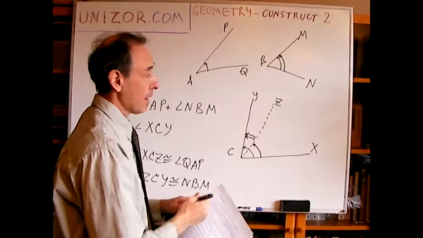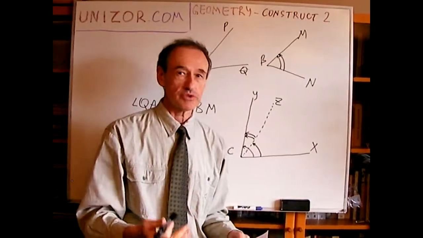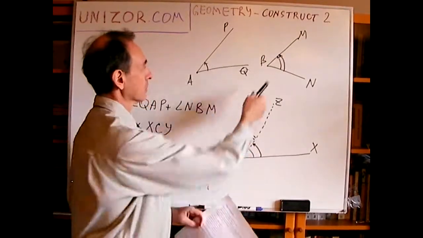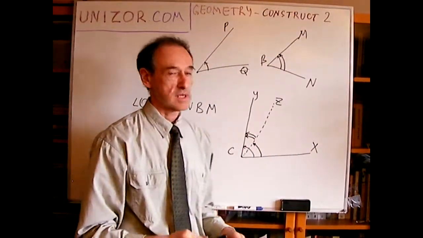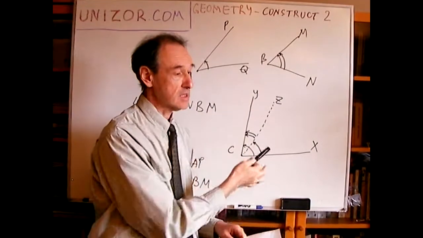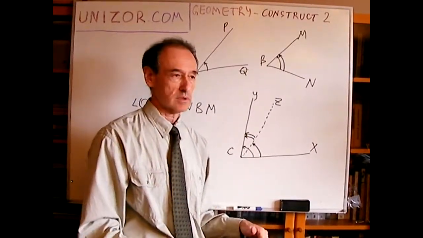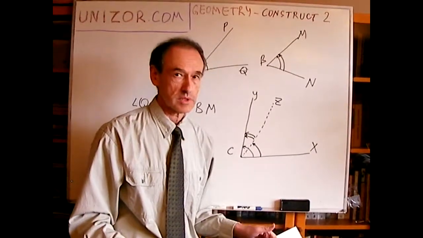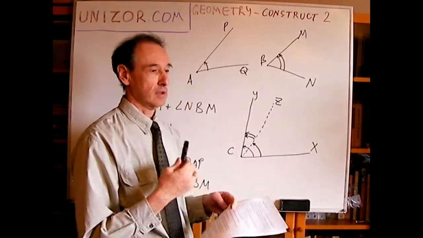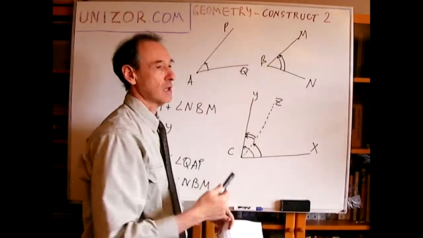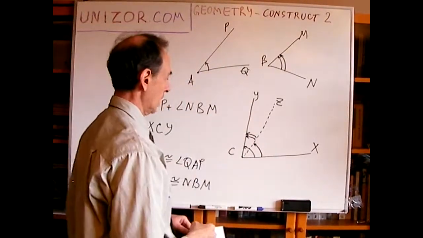And that's why, by definition of the sum of two angles, the angle XCY will be congruent to the sum of these two angles. So that's how we build a sum of two angles. We are talking about measuring, obviously. The measure of this new angle is equal to the sum of the measures of the given angles.